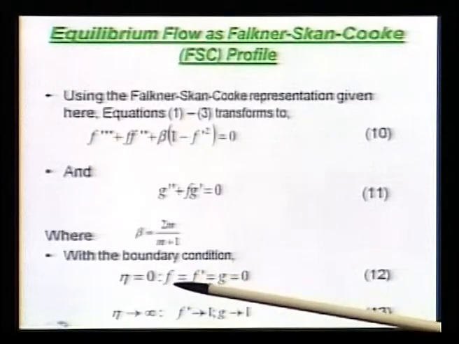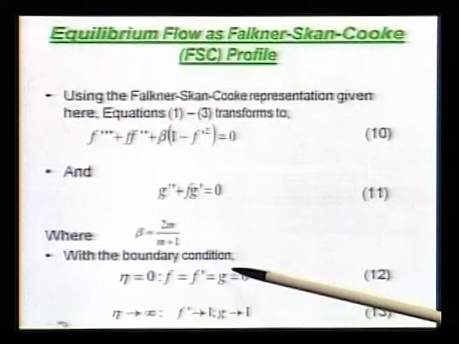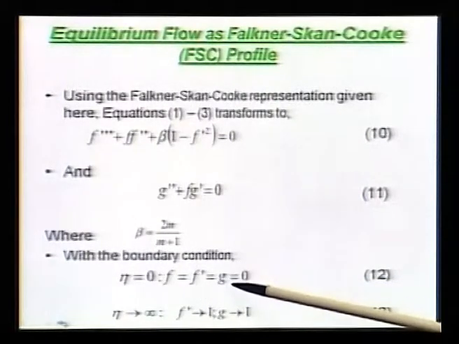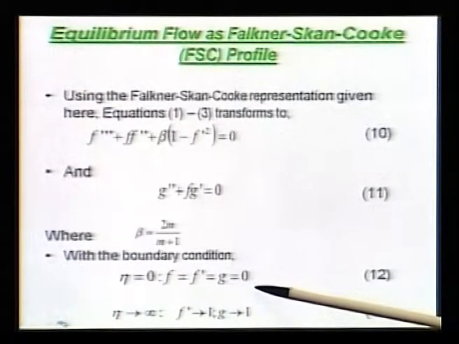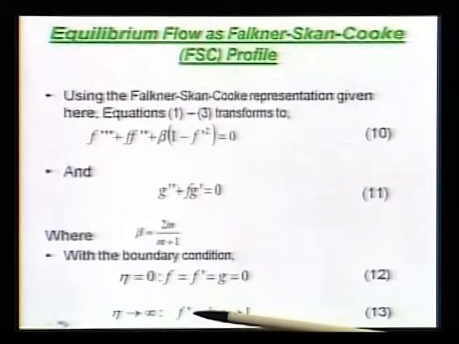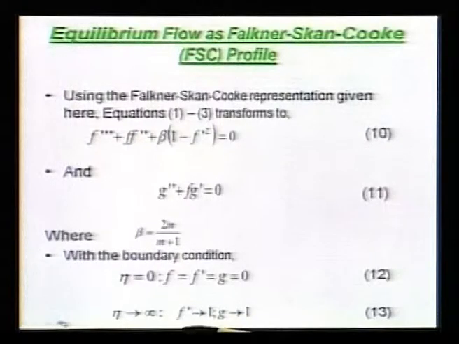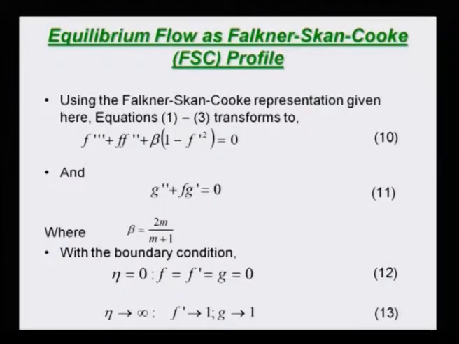They are 0. So, that translates into f and f prime equal to 0, and similarly the w component is 0. That gives you directly g equal to 0, isn't it? And then when you go to the edge of the shear layer, the streamwise component reaches a value of 1, and the spanwise component reaches that constant value. That is it. So, both f prime and g approach 1.